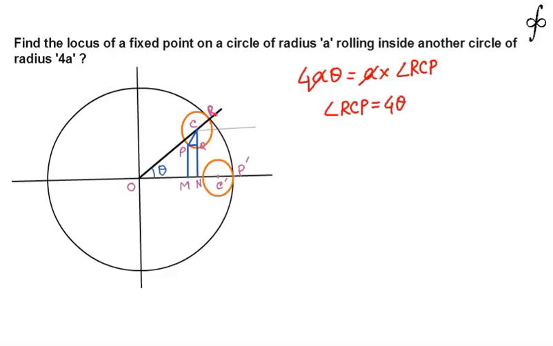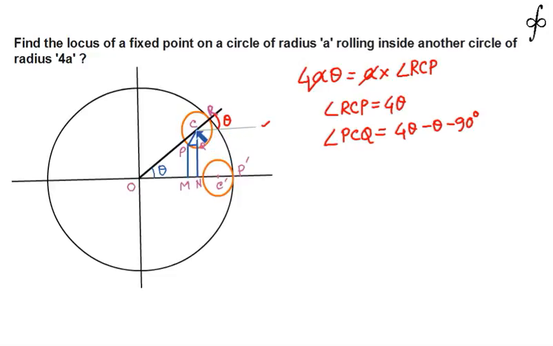And this angle should also be theta, because this is horizontal, that is parallel to the x-axis, and so we can say that angle PCQ should be equal to 4 theta minus 90 degrees, because this is a horizontal line and this is a vertical line.